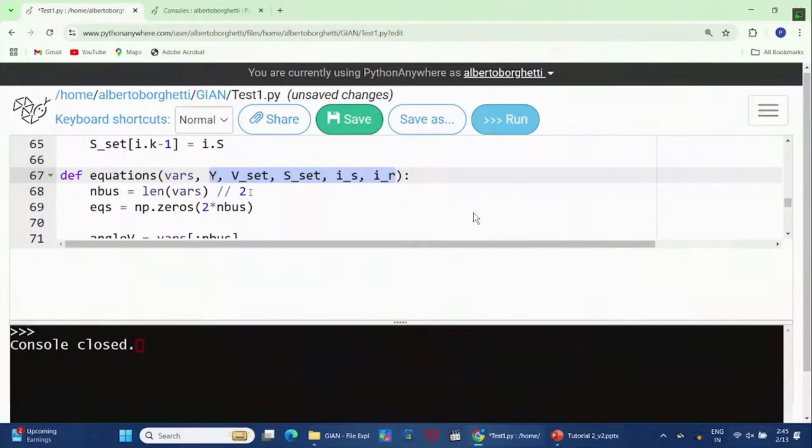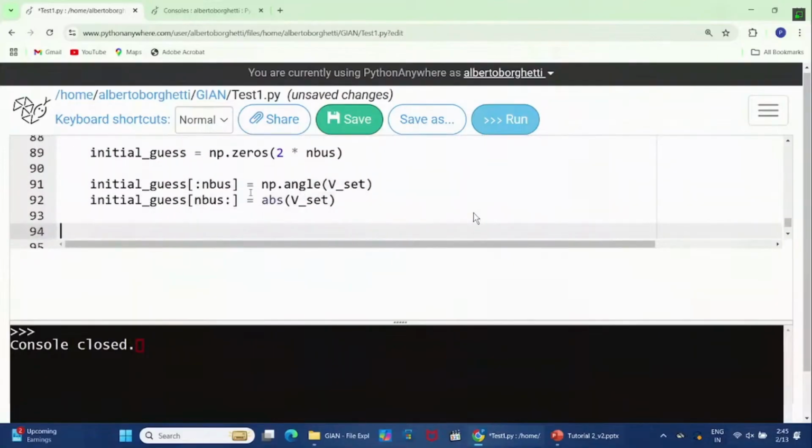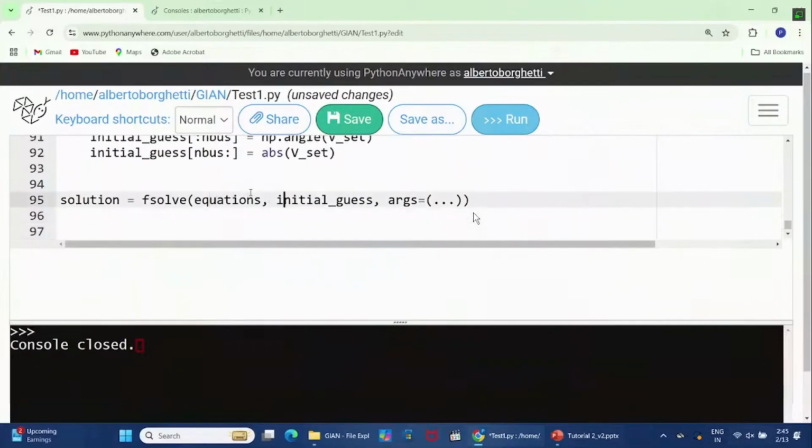You see that I have not put vars because it is not an argument. It is the variable that is updated by the function, so fsolve's solution will be the results. I put the arguments here.